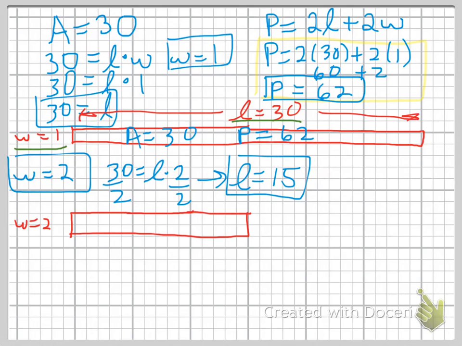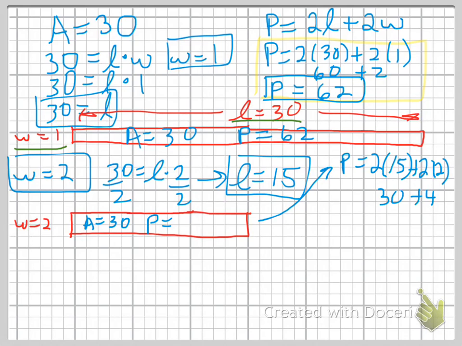Okay, and so we know that the area is still 30, but what's the perimeter? That's what I don't know. So let's do that work right here. P equals 2 times the length. The length was, we said, 15, plus 2 times the width, which is 2. So we're going to get plus 4 on the end.